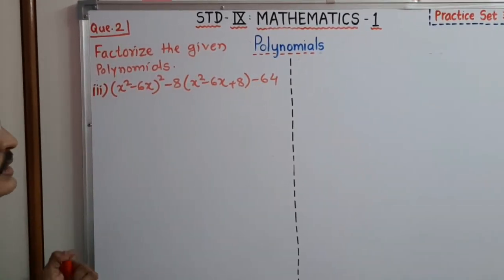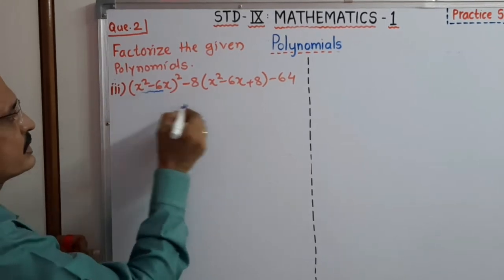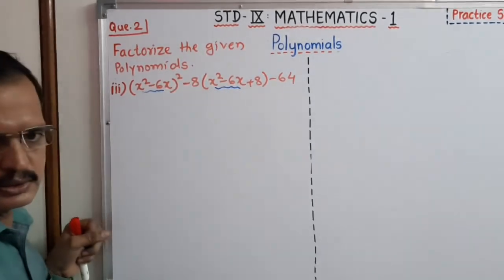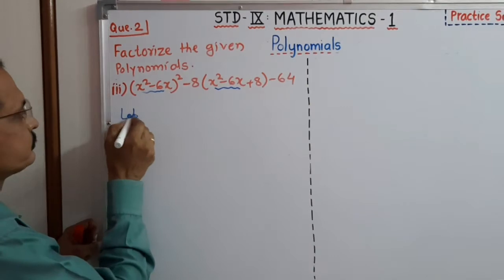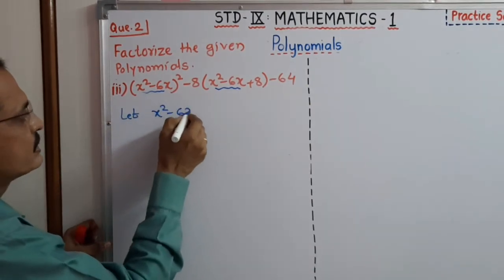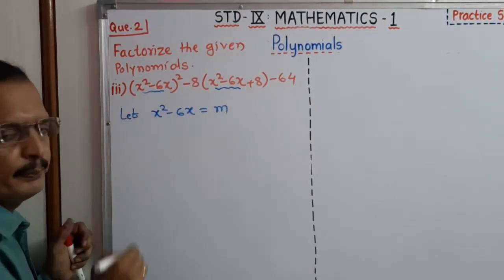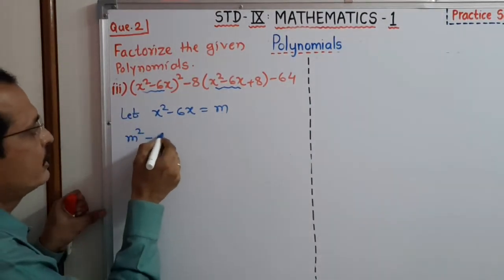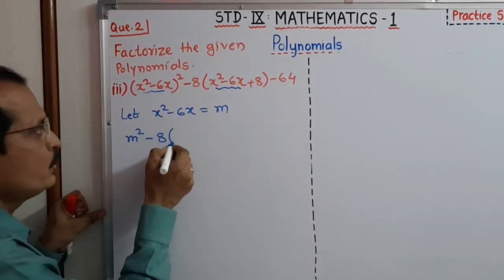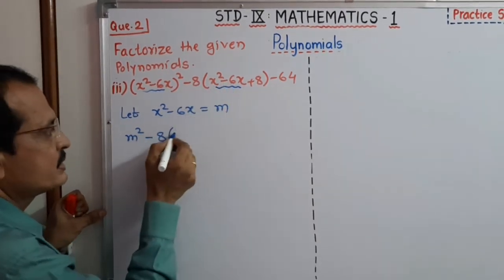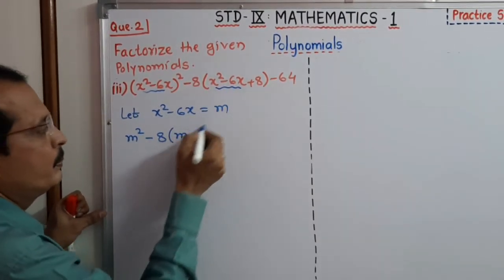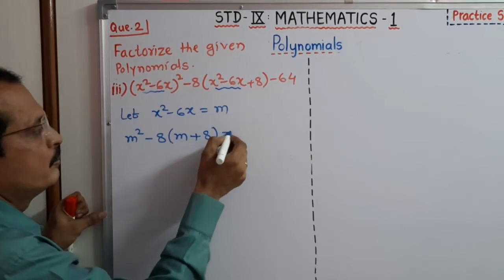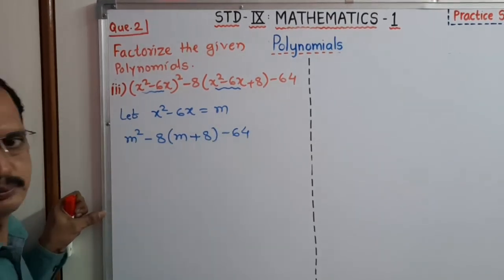Again dear students, see here, x square minus 6x, x square minus 6x. Therefore let x square minus 6x be equal to m. Now this is m square minus 8 into m plus 8 minus 64.